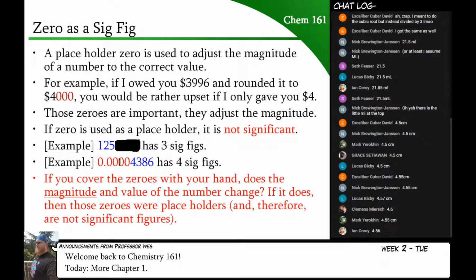This is a really tiny number, 0.00004386. Now I can make it a reasonably large number by removing the zeros, right? So those zeros must be placeholders because they control the magnitude and therefore the value of the number. And when a zero is used in that way, it is never a sig fig.